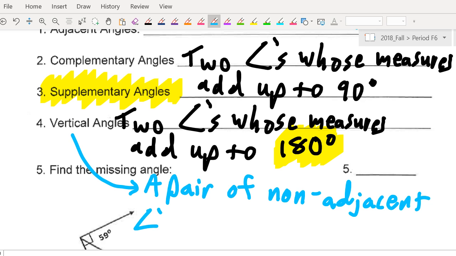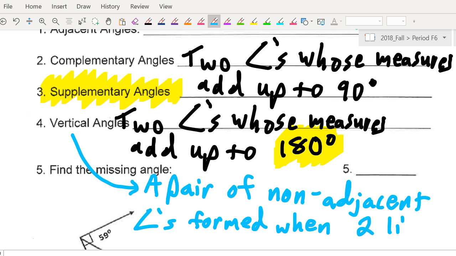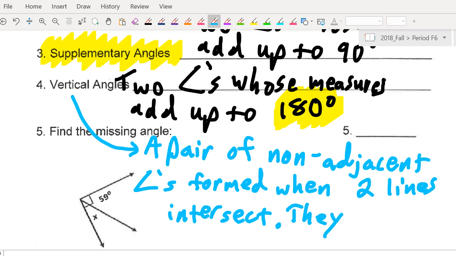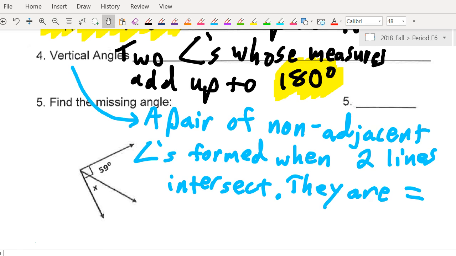They are the ones across from each other, and they are equal, or we say congruent, to each other.